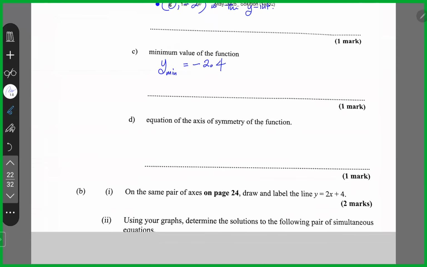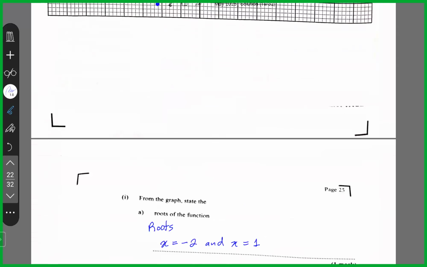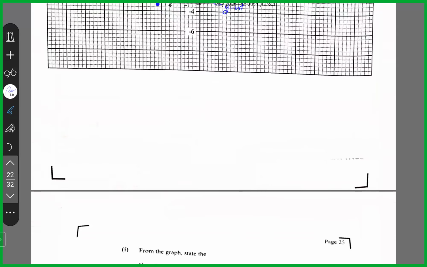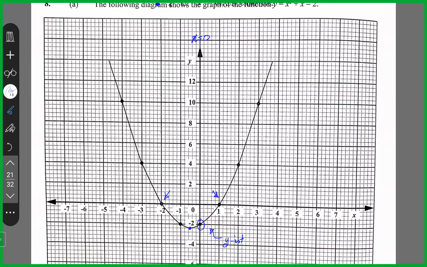The equation of the axis of symmetry. Remember, the axis of symmetry is the vertical line through the turning point. So we can all see that this line here is the axis of symmetry. And this line looks like, all right, just give me a second to draw it properly. It's about there.